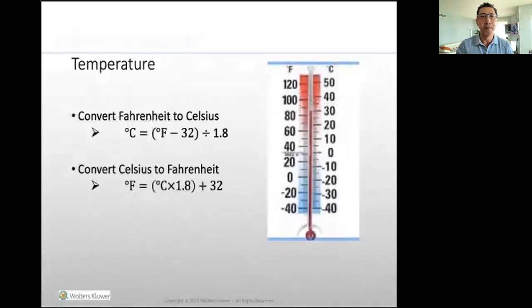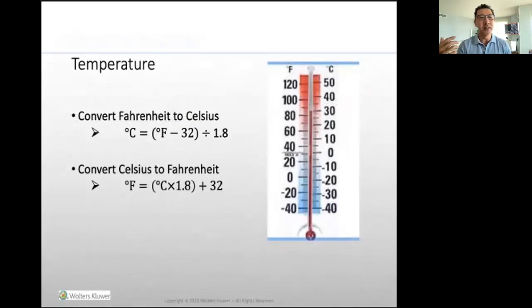Oh, here we go. Now it's going to get a little complicated, but not really. Temperature. You guys are used to using Fahrenheit for temperature. If you look at the news, they're telling you in Las Vegas today it is 105 degrees. They're talking about Fahrenheit.